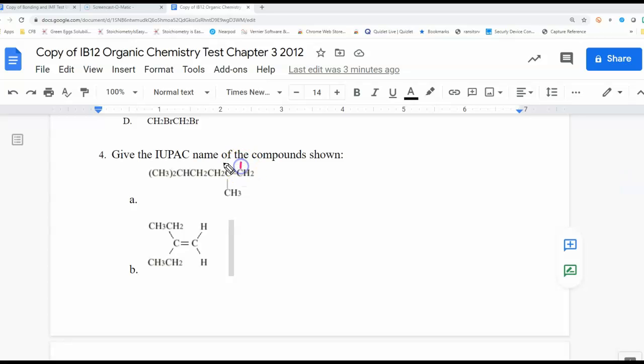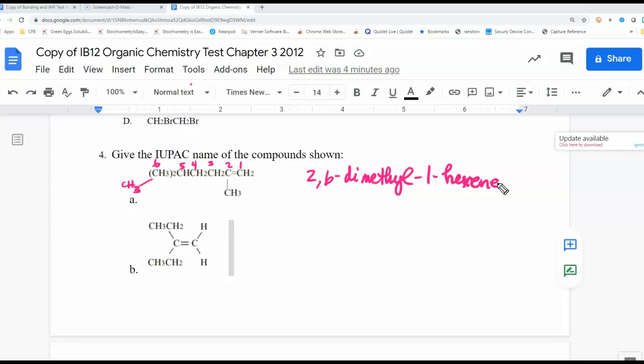So our carbon is 1, 2, 3, 4, 5, 6 with a CH3 coming off the side. So I have 2,6-dimethyl, and then I can say 1-hexene, or I can say 2,6-dimethylhexene, and that would be okay.